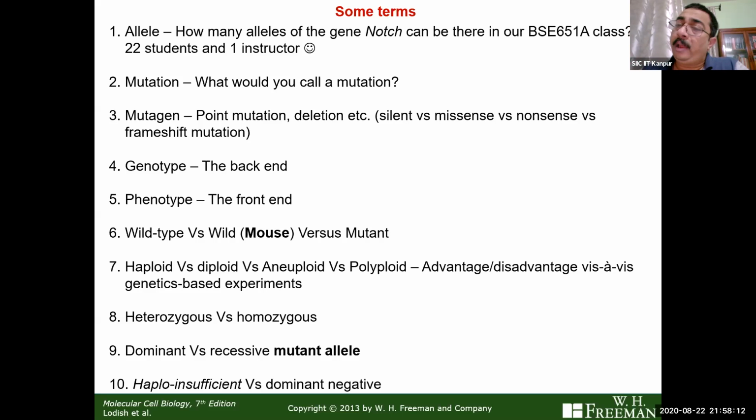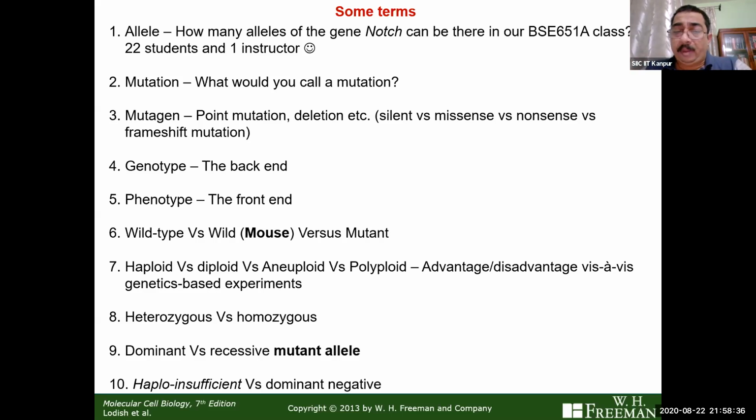That will be called a hexokinase gain of function mutant mouse, or a hexokinase overexpression mouse. That's all. But that is not a polyploid. A polyploid will have the whole chromosome extra. These all have their own usage in genetics experiments. We will come to that if and when we are there.